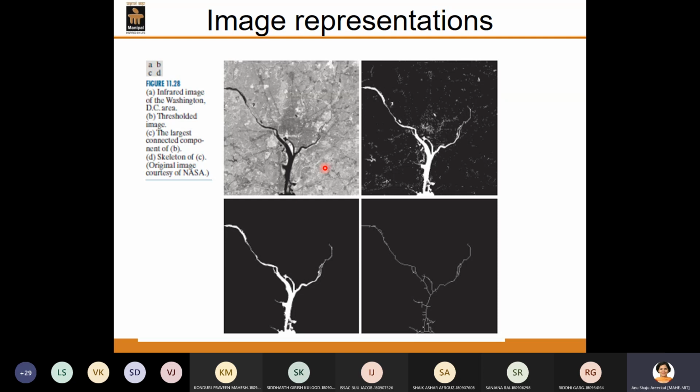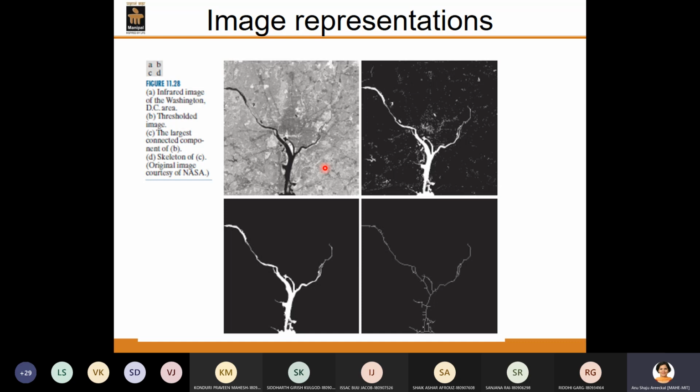So when I work with such images where there are high details of regions which are not of interest for me, it may be easier or more convenient for me to process, or represent this particular image in a form where it contains only information which is useful for further processing, rather than taking all the information which is present in the image.